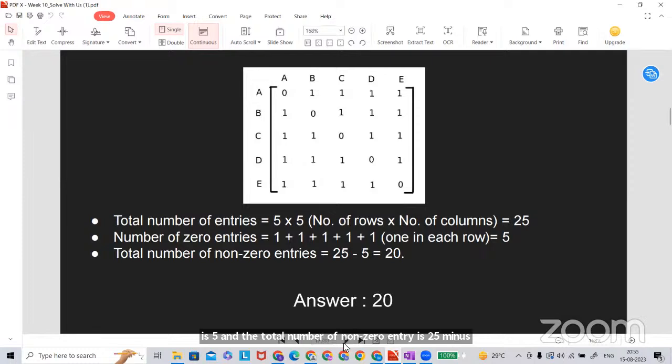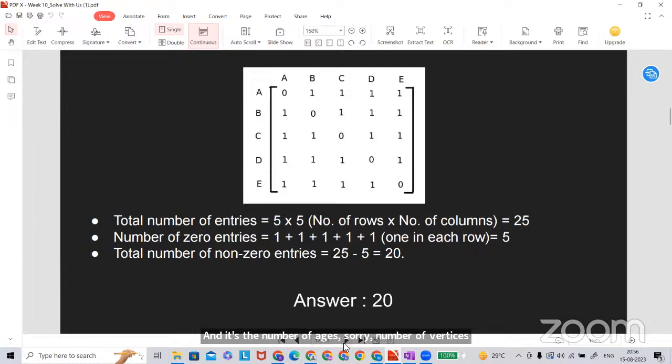Sir, got it. If there is n into n minus 1 by 2, then what does it indicate? Here n is the number of vertices, and m is generally denoted for the edges.